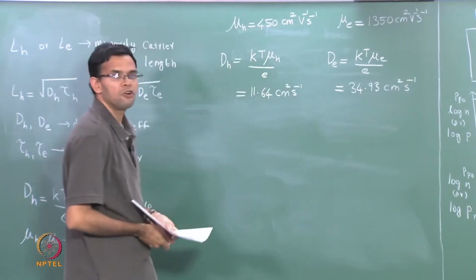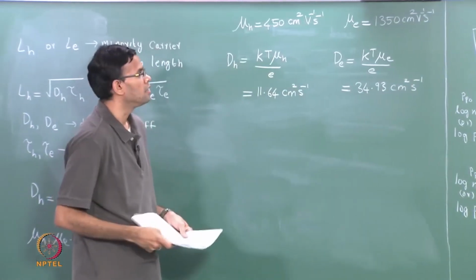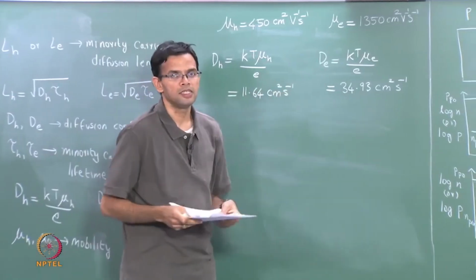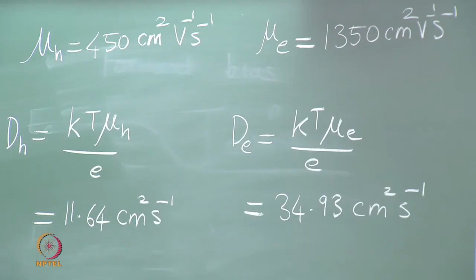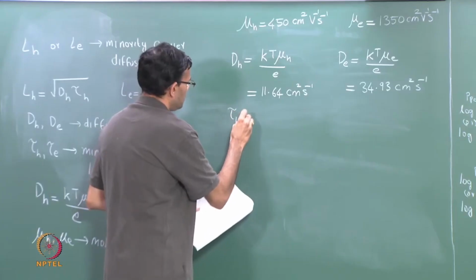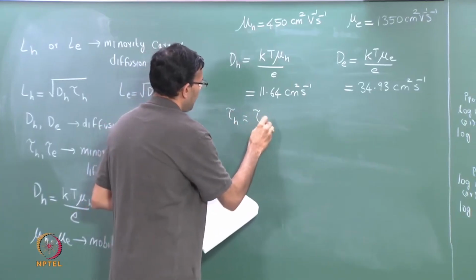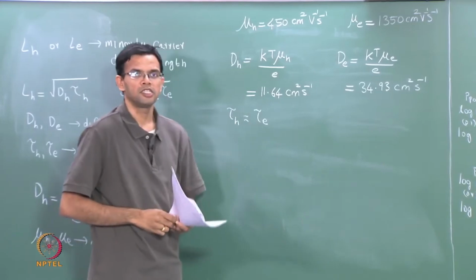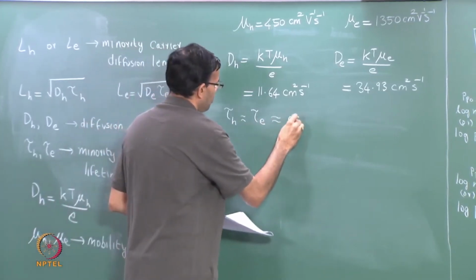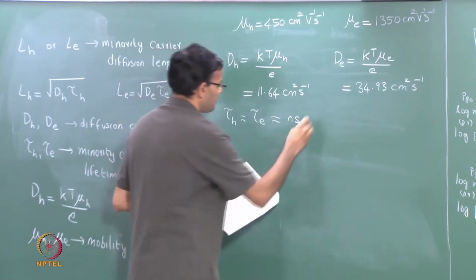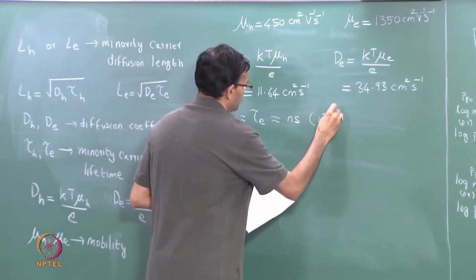So the diffusion coefficient for the electron is higher simply because the mobility is higher. Tau_H and tau_E, I said, were the minority carrier recombination times. Typically, they are of the order of nanoseconds, 10 power minus 9 second.